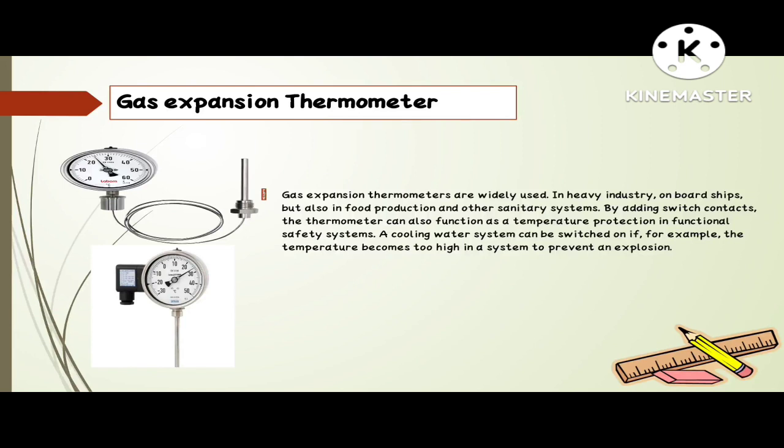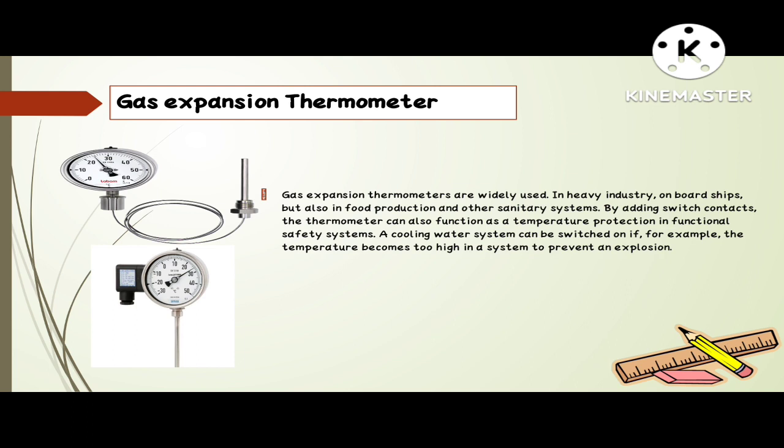Gas expansion thermometer. Gas expansion thermometers are widely used in heavy industry, on board ships, but also in food production and other sanitary systems. By adding switch contacts, the thermometer can also function as a temperature protection and functional safety system.